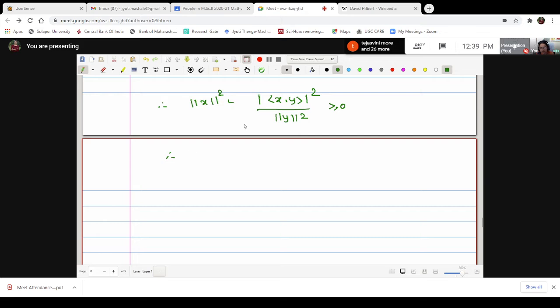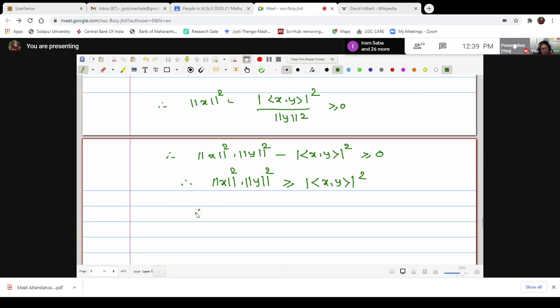We will just cross multiply, we will get norm square of x into norm square of y minus modulus square of inner product xy is greater than or equal to 0. Norm square is shifted to the right, it will become 0. Therefore what we have obtained is norm square x into norm square y is greater than or equal to modulus square of inner product xy.